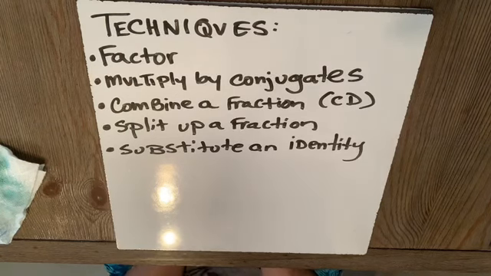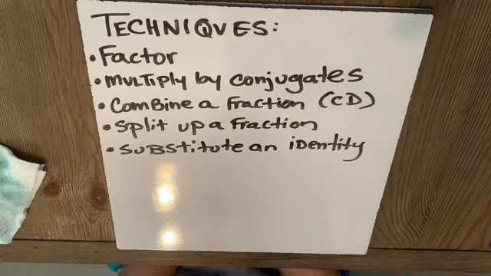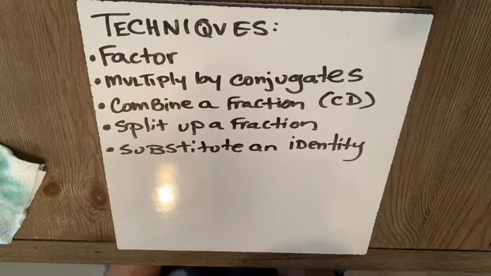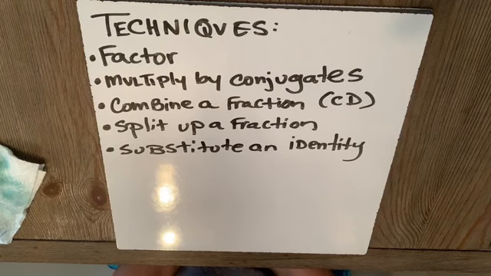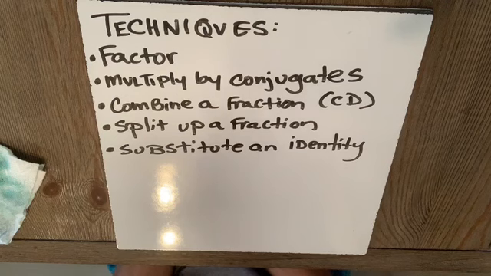Just a note of the techniques we've talked about so far when dealing with trig functions and knowing our trig identities. We factored several ways when we had a difference of perfect squares, and when we didn't have a difference of perfect squares, we introduced a fraction equal to 1, and what guided that fraction was that we were multiplying by conjugates. We combined a fraction by multiplying again by a fraction equal to 1 to make common denominators.